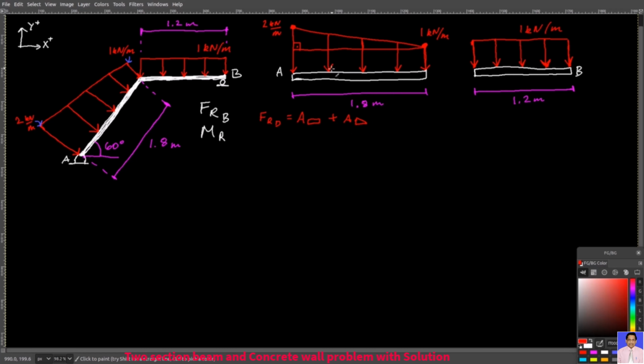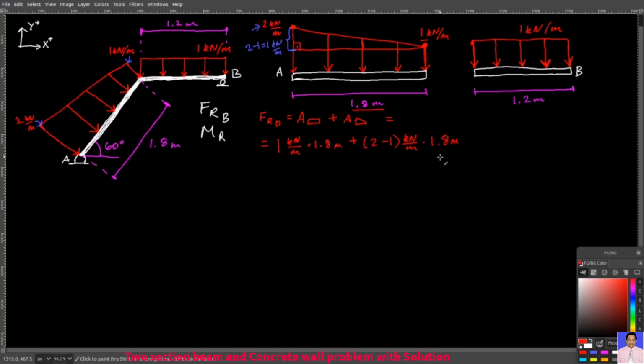And in this context, these areas will be forces, so they will be newtons. And so you will have 1 kilonewton over meter, which is this one here, times 1.8 meters, so it's this one here. With that, you get the area of the rectangle, and then to that, you add 2 minus 1 kilonewton over meter, so you have 2 here, then here you have 1 kilonewton over meter, and so 2 minus 1 equals 1 kilonewton over meter.